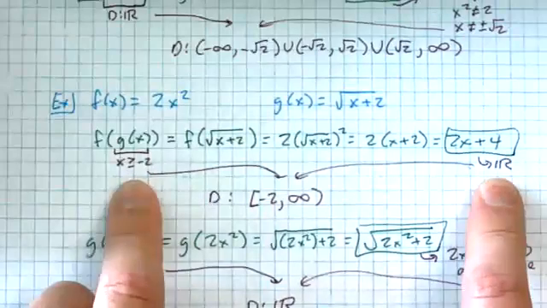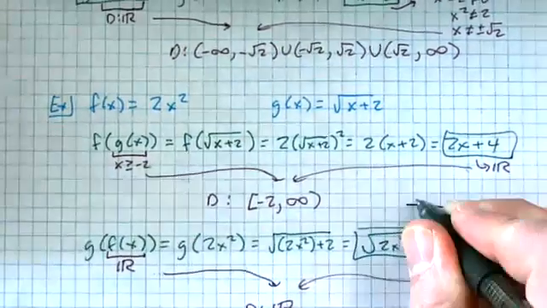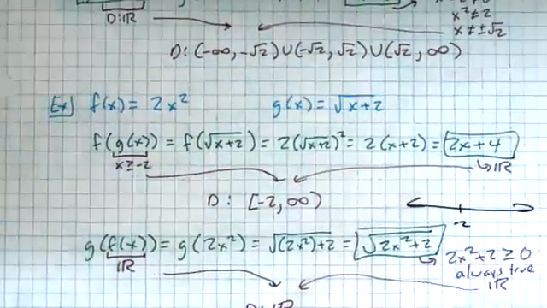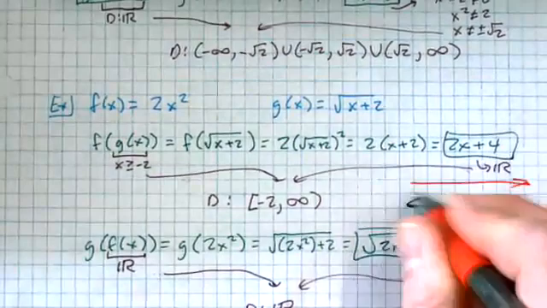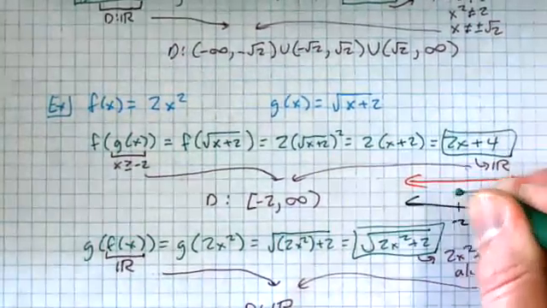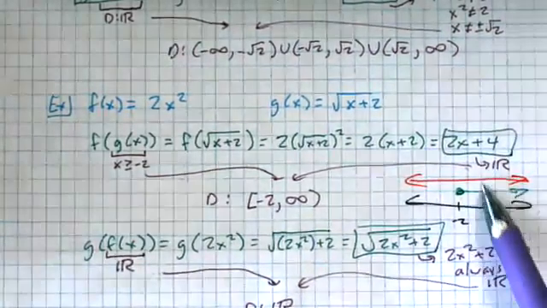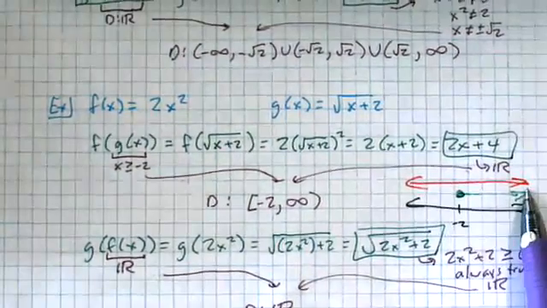I have to put those two things together, and if I were to actually graph them, here's my -2. One of them would be all real numbers, and the other one would just be from -2 up to infinity. So when I find the overlap of those two things, it would be from -2 to infinity.